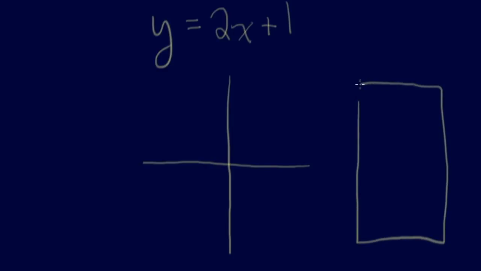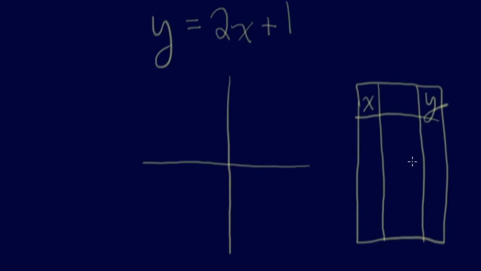So here's our table. And the idea for the table is to plug in some numbers for x and then figure out what the y is. How does that sound?